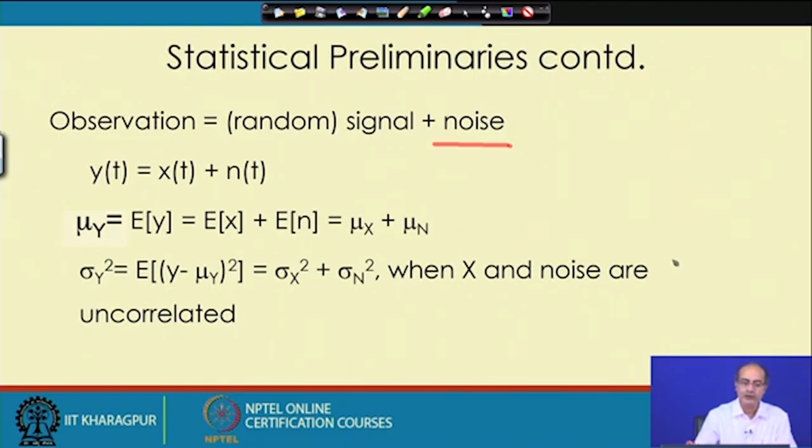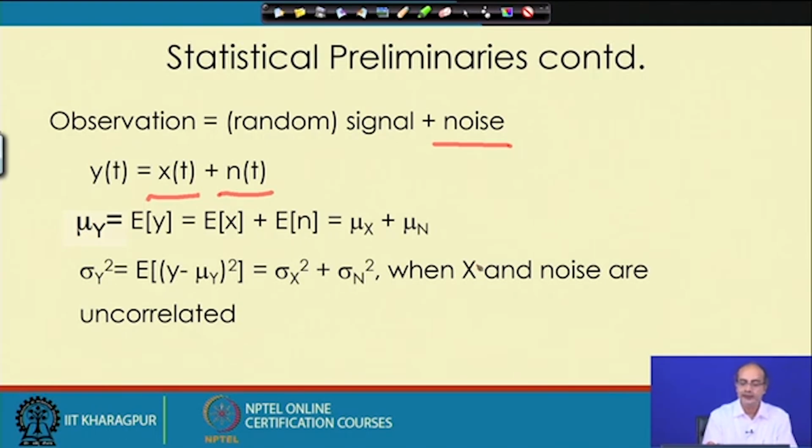Usually we depict it in this way: the observed signal is y, which should be very near to the signal of interest x plus some additive noise n along with it.